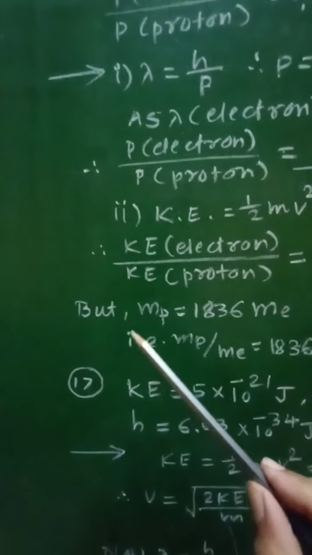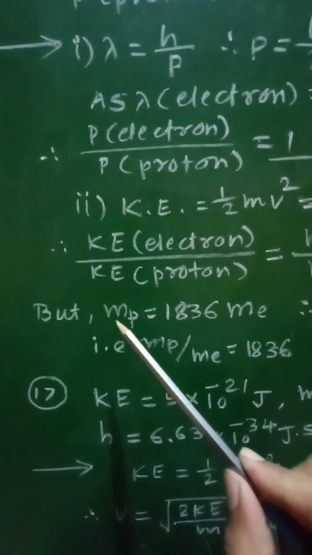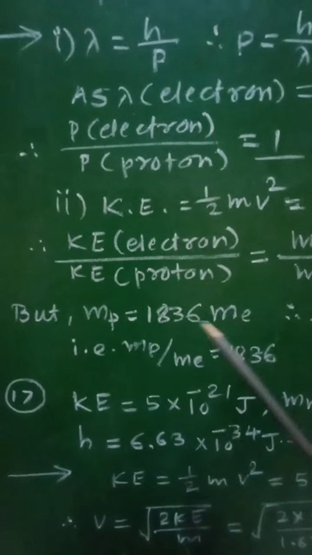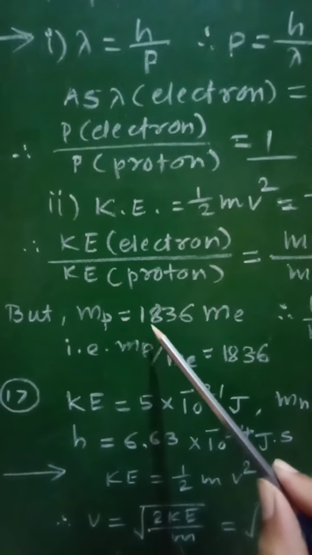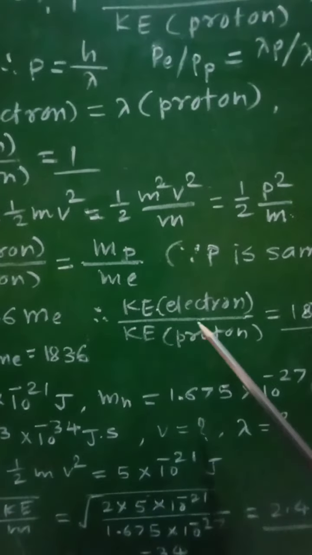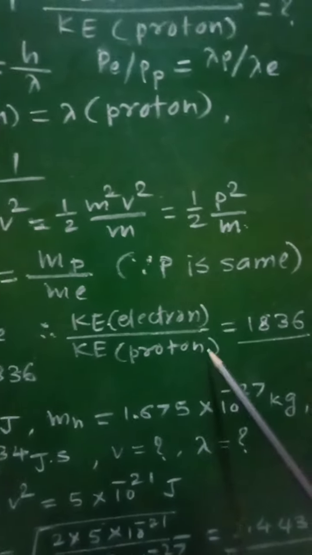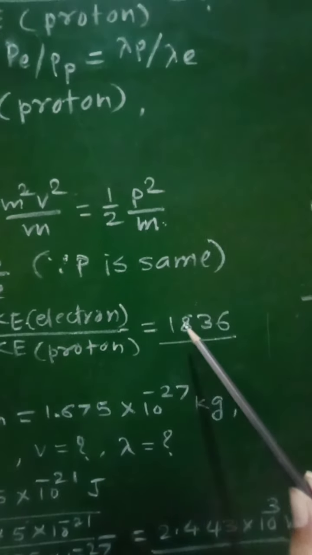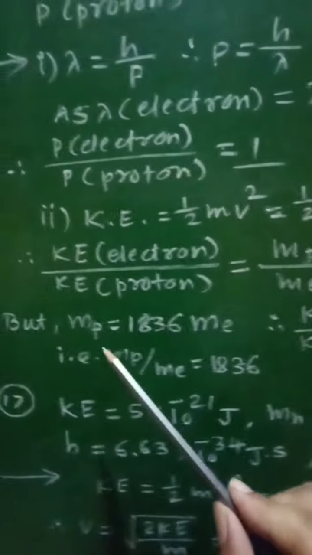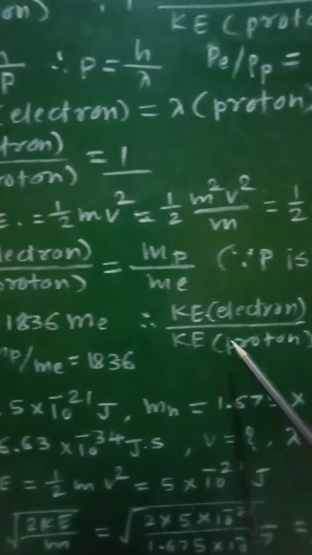But we have the relation between mass of proton and mass of electron as mp is equal to 1836 me. Mass of proton is equal to 1836 times mass of electron, and therefore the ratio of kinetic energy of electron upon kinetic energy of proton comes out to be 1836, because mp upon me is equal to 1836.